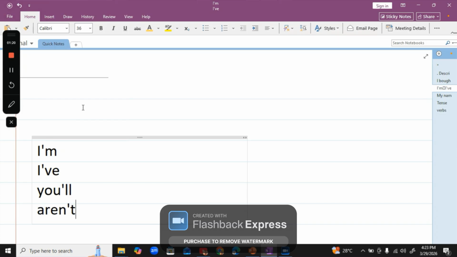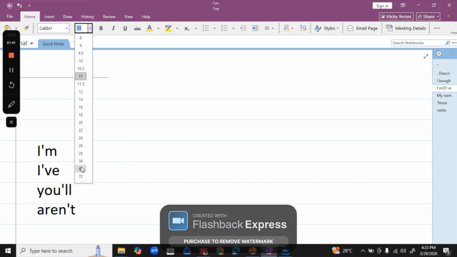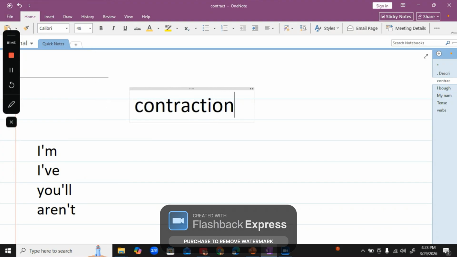So these words might have been used by you often in your daily life conversation. Do you know what these words are called, or what type of phenomena they are in English? In English, we call these contractions. We call these contractions. And we will be doing this concept today.